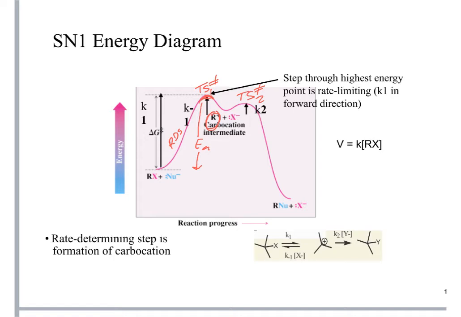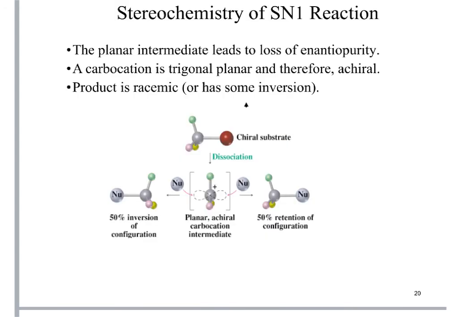So formation of the carbocation is reversible. That's our rate k1 right here. Whereas trapping of the carbocation with nucleophile is irreversible. Once the sigma bond between the nucleophile and the carbocation forms, that product is then stable.